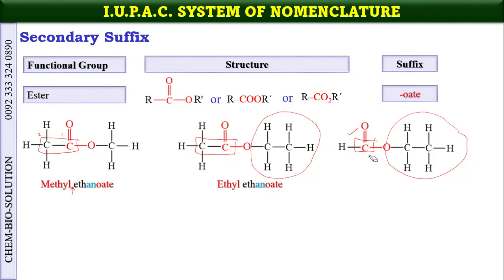So if it must be included there, then we ignore the rule that the parent chain must be the longest. The parent chain may not be the longest. Okay. So this parent chain contains here only one carbon atom. So one carbon is methanoate. And this is written separately, just like this, ethyl methanoate, because this is the basic chain.